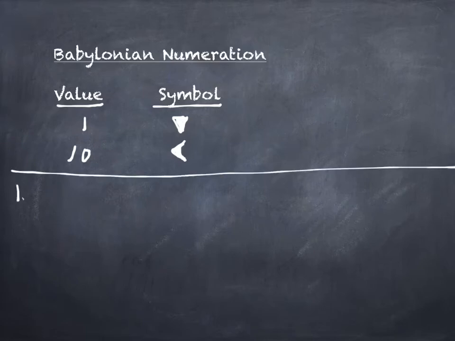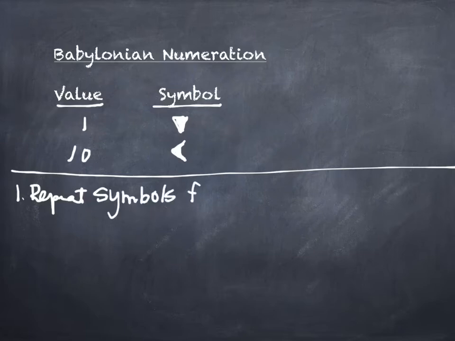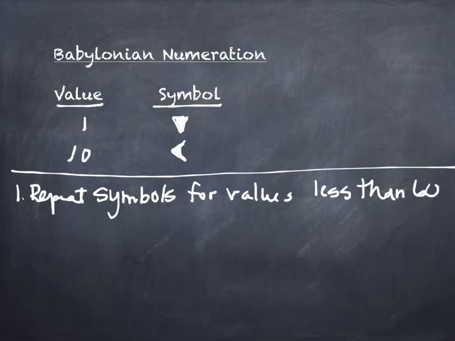They do some repetition of values, so they repeat the symbols for values less than 60. The most cumbersome, that is the longest, symbol for you to write in their system is the number 59.